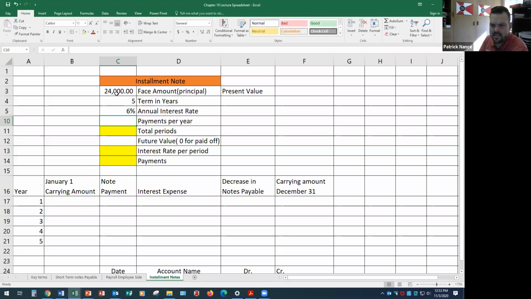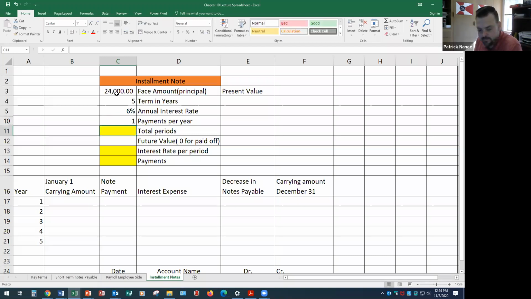This is an annual payment, but I built it this way because if you ever want to use this for a monthly payment, like figuring out how much a car loan or a mortgage will be, this will amortize that for you as well. This one has only one payment per year, but if you were doing this for a home loan or a car loan where you're making 12 payments a year, you'd put 12 in here.